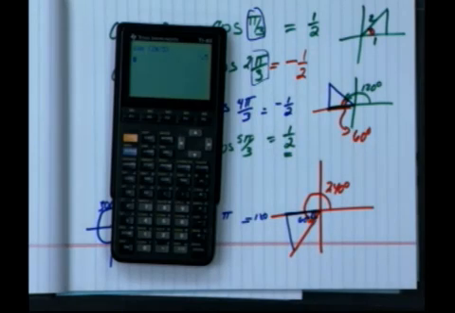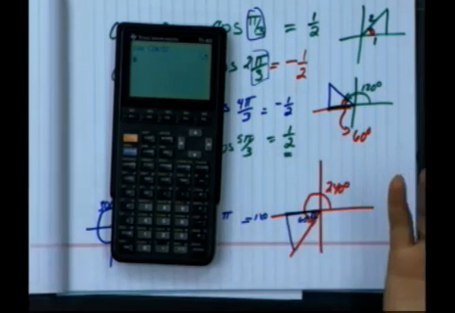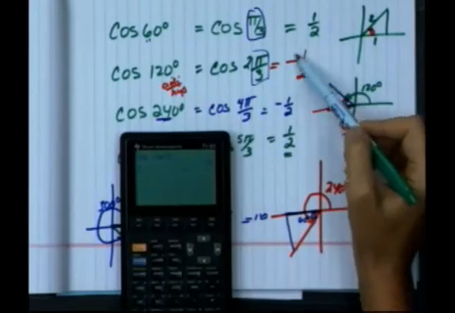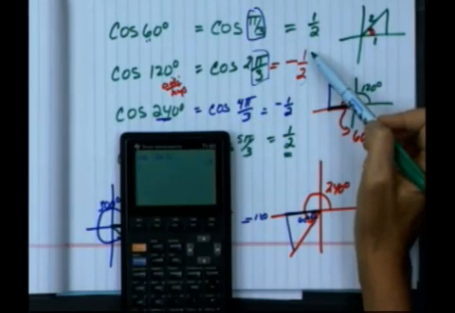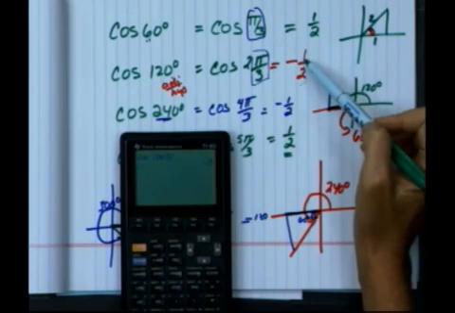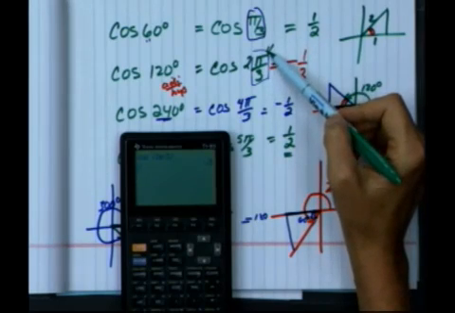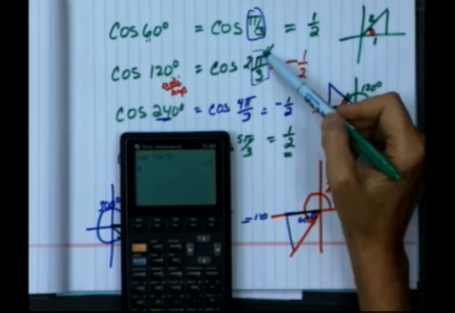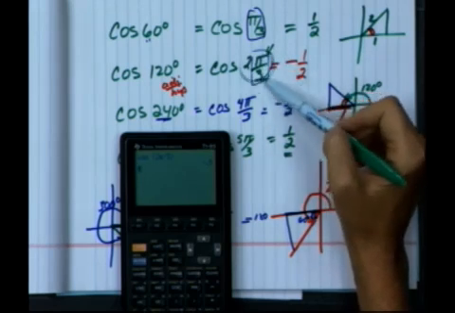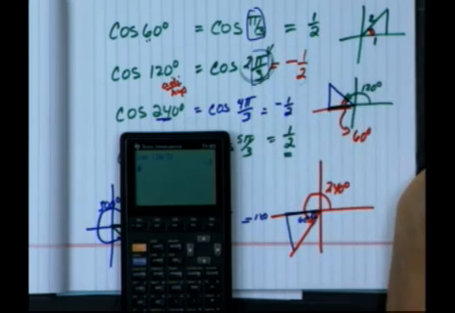Just because it's got the pi in it, the calculator doesn't know that that means radians. She wanted to go back up to where we had cosine of 120, and she was not getting negative 1/2. I alerted her that you have to go into the mode of your calculator and switch to radians. Whenever you're going to put in the angle in radians, you have to be in radian mode.